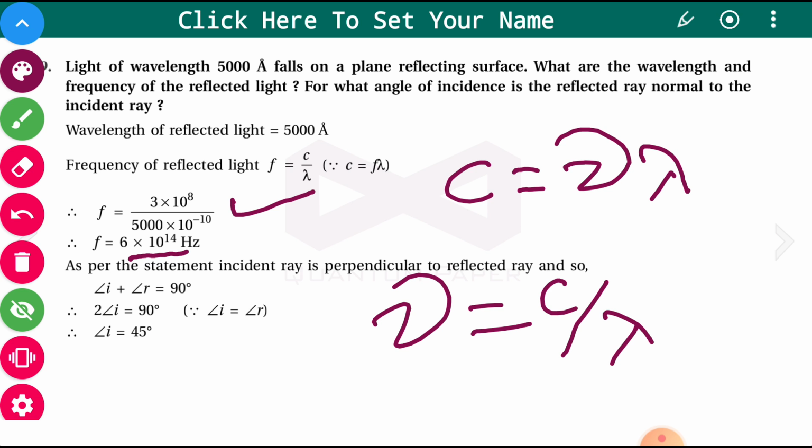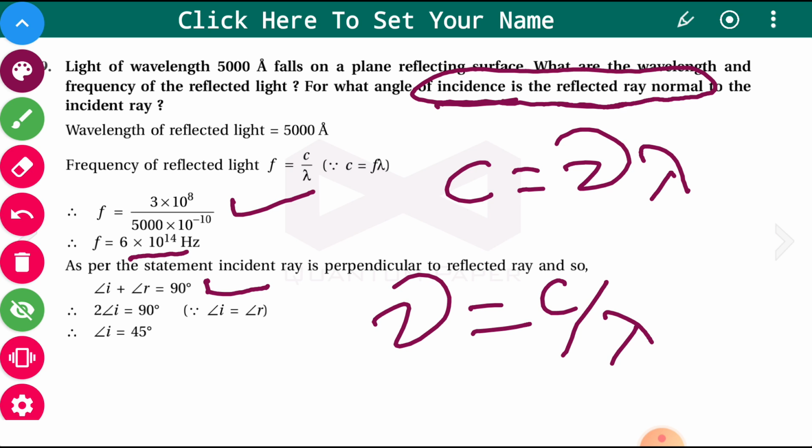Now it is given that the reflected ray and the incident ray are perpendicular to each other. So angle of incidence plus angle of reflection is 90 degree. Try to understand: for what angle of incidence is the reflected ray normal?